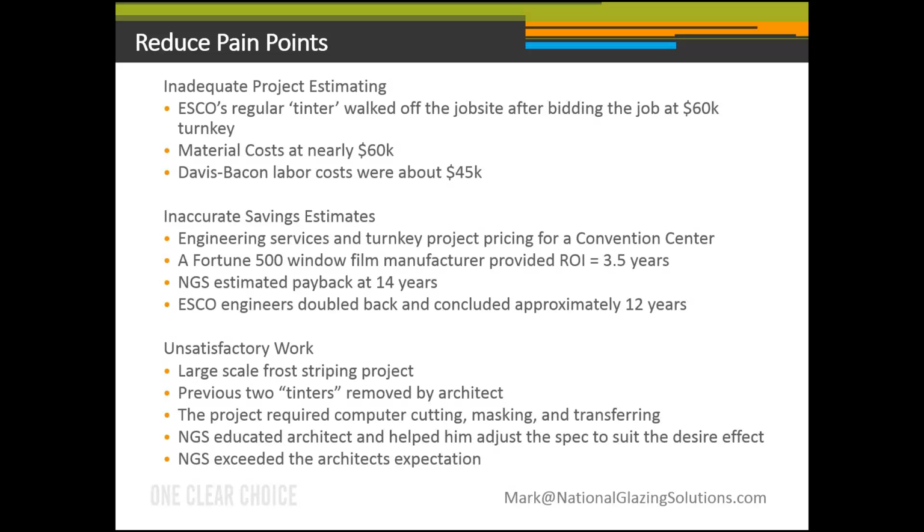Our review put the Davis-Bacon labor rates at $45,000 for costs of $105,000. But it turns out the company that walked away had bid it and been accepted at a $60,000 turnkey job. But the ESCO is still on the hook. They have to get the work done, and they'll probably have to absorb $40,000 to $80,000 to piece it together.